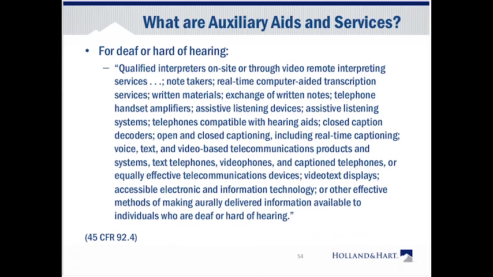And the important thing is the very last phrase, any sort of an effective method of making orally delivered information available to the individual. So there's a broad range of types of things, and again, knowing what the particular patient wants is, I think, most important.